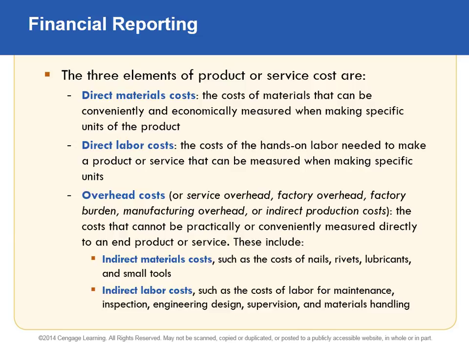All right. The three elements of product or service cost are, remember them like your name, guys. The three elements of product cost or service cost: direct material, direct labor, and overhead. Direct material, direct labor. So, what does it take to make this desk? It takes material, correct?